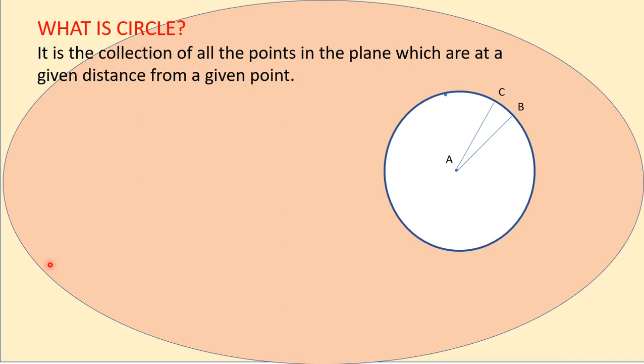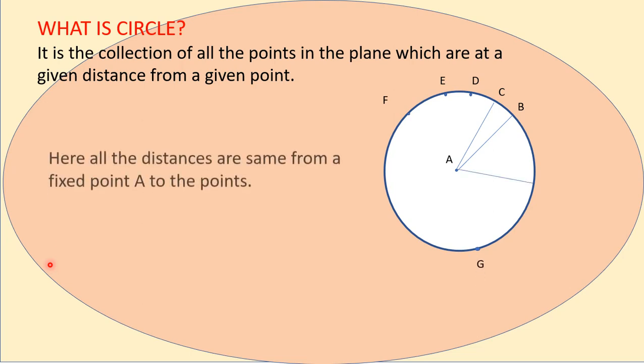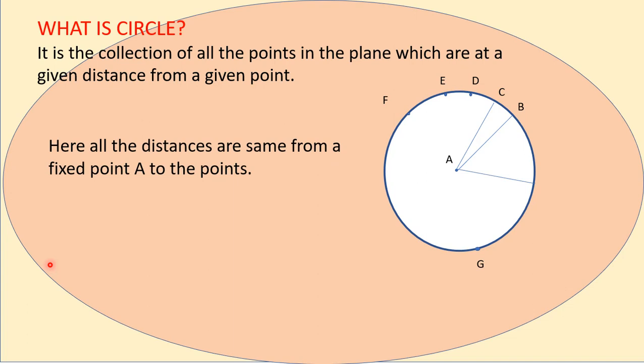In the same way we take more points on a path where AB is equal to AC is equal to AD is equal to AE is equal to AF, and so on. Then we get a figure which is called a circle.